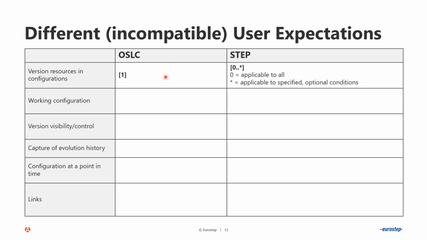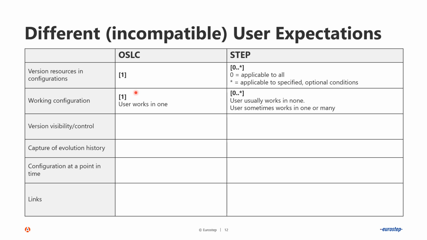whereas in the STEP configuration management, a version resource can be in no configuration management, i.e. it's applicable to everything, or it can be in many different ones, and you explicitly specify which ones it is applicable to, and you can also give it conditions. So it may be applicable to this one in this condition but not in another condition. So these two are very different, one versus zero to many.